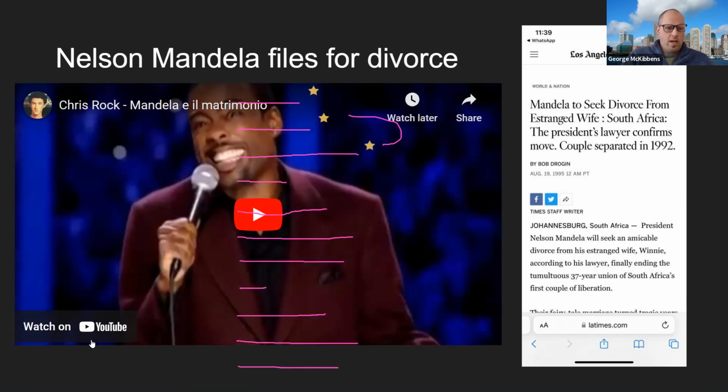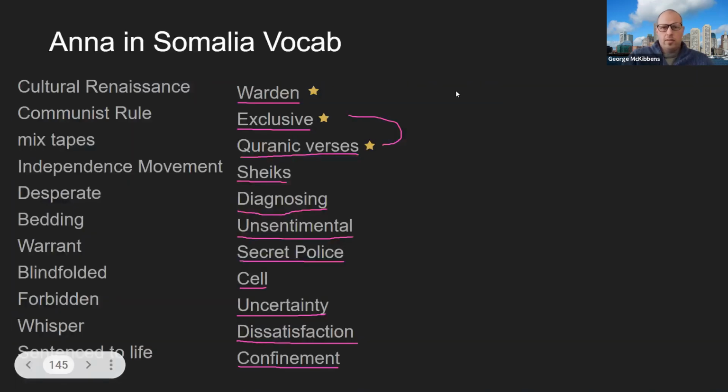If she's going to decide to move on with her life and leave him and marry somebody else or just live her life without Muhammad, she doesn't know if he's dead, if he's alive or what. But this dictator, Siad Barre, actually used these. Most communist dictators prohibit religion, but this dictator used religion to his advantage.